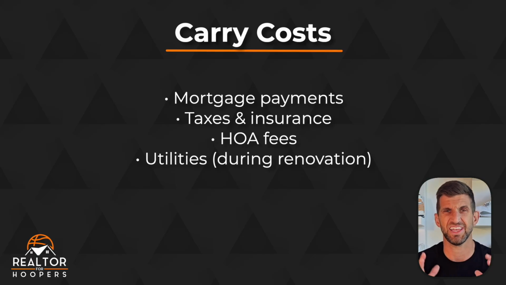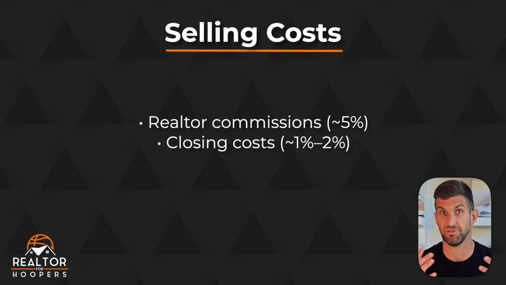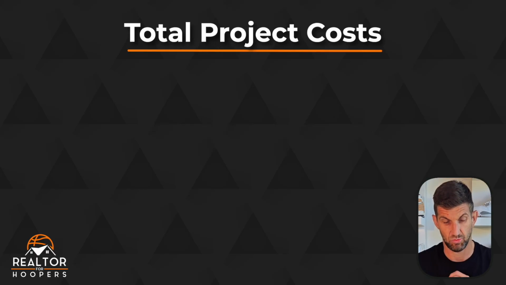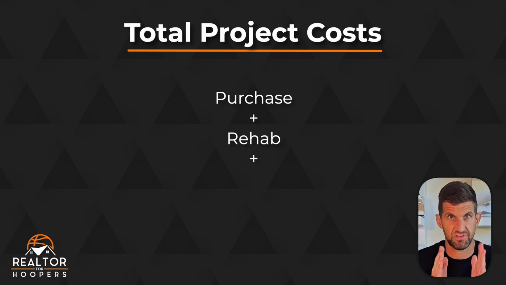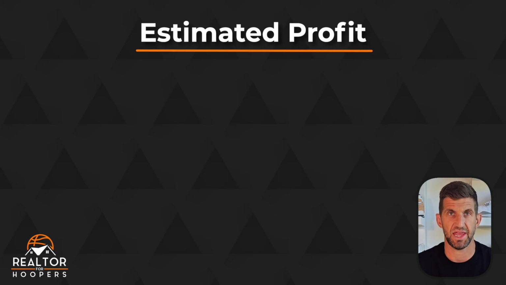The fifth number is selling costs. So any realtor fees, any closing costs, which are around 1 to 2%, etc. The next number is total project costs, which is your purchase price, your rehab or renovation costs, your carry costs, and your selling costs. That is your total project costs. Then estimated profit.